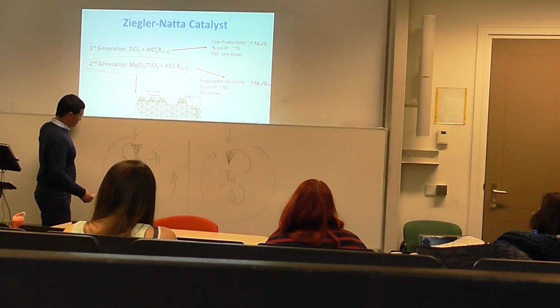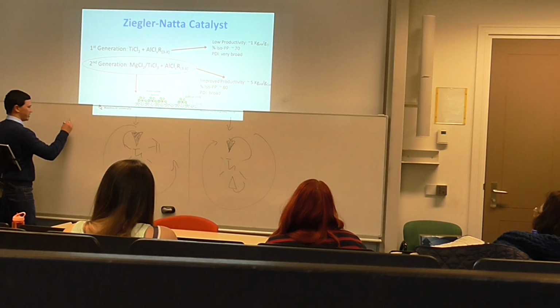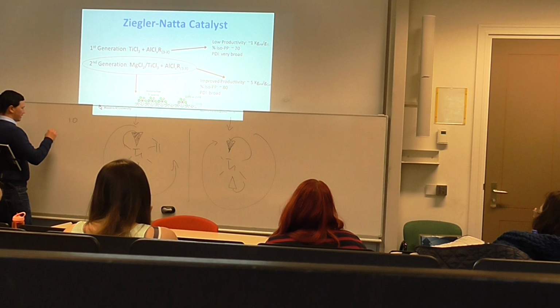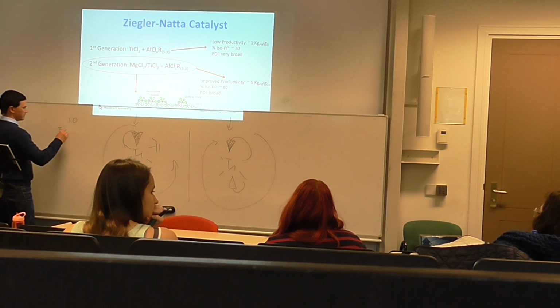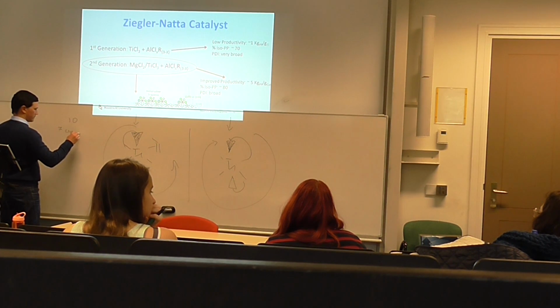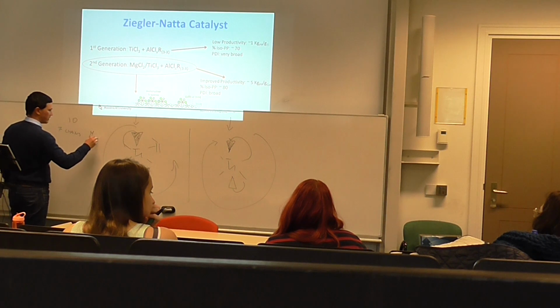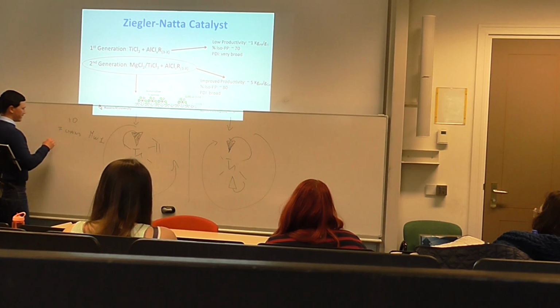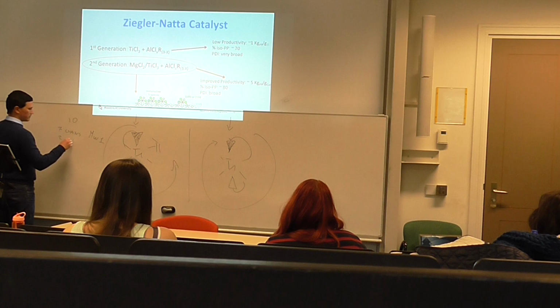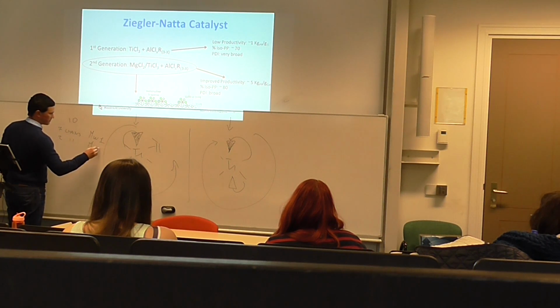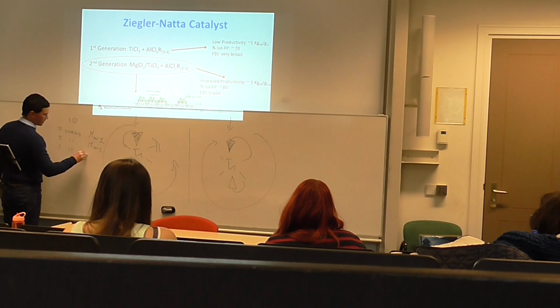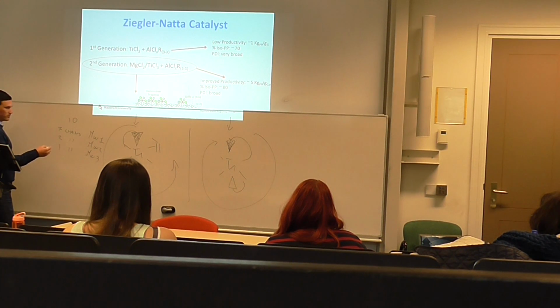Okay, very easy example. Let's say you have 10 chains. If 7 chains have a certain molecular weight, let's say molecular weight 1, then 2 chains molecular weight 2, and 1 chain molecular weight 3, you have a certain distribution.